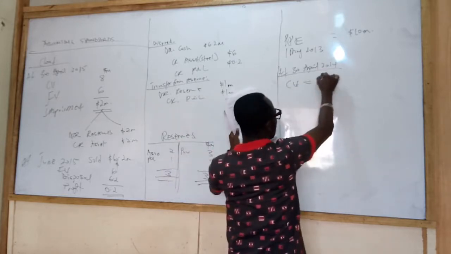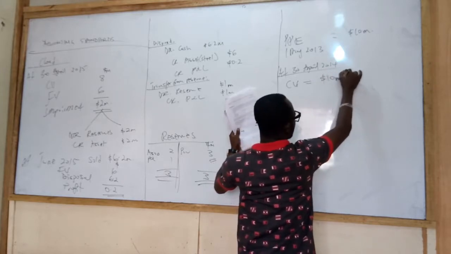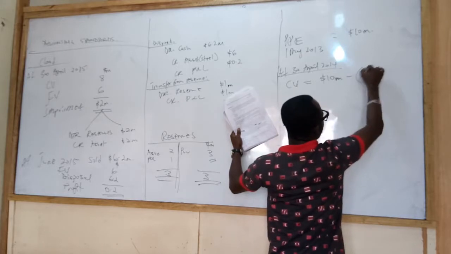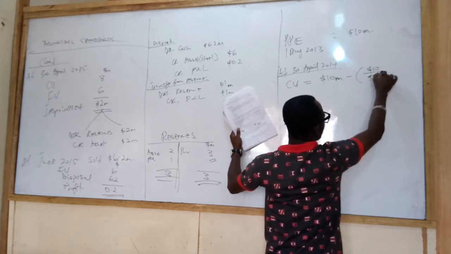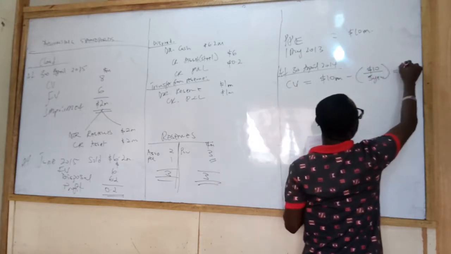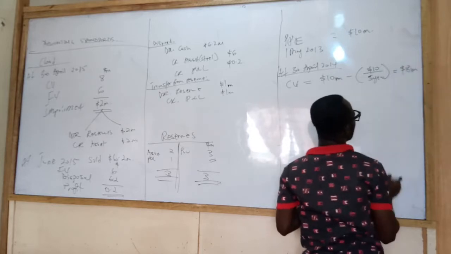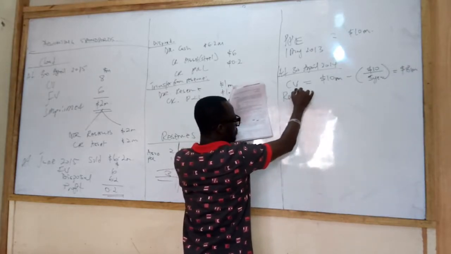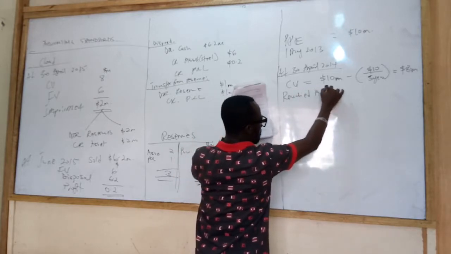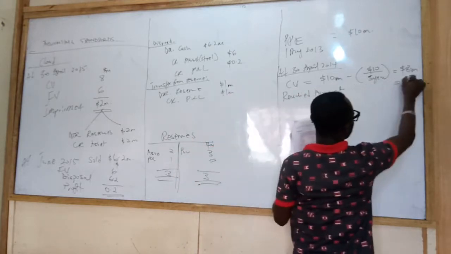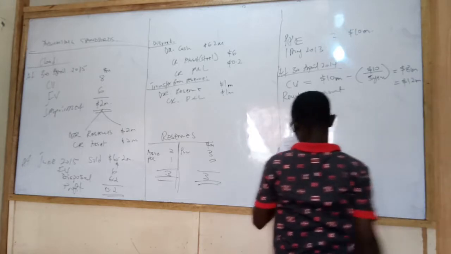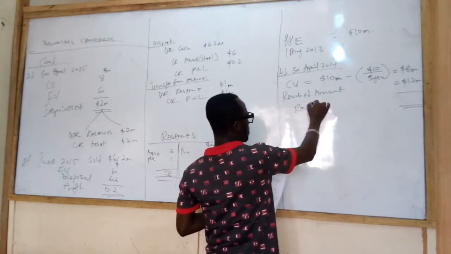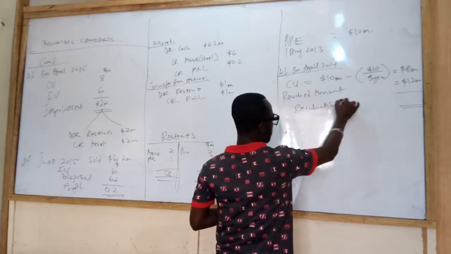The carrying value is going to be 10 million minus, remember that is only 1 year, straight line method over 5 years, so that's 2 million. And so the carrying value will be 8 million. But it was revalued at 12 million. So there is a revaluation gain. You got it.